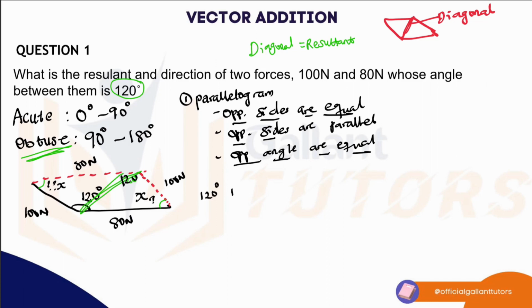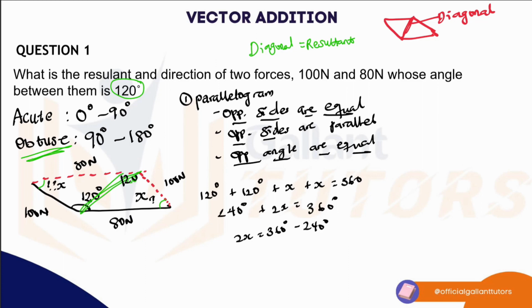120, 120. So I have 120 degree plus 120 degree plus 2x equal to 360 degree. 120 degree plus 120 degree is 240 degree plus 2x equal to 360 degree. So 2x is equal to 360 degree minus 240 degree.